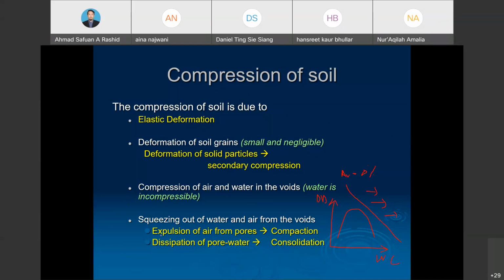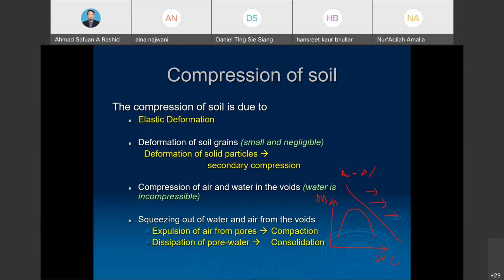Why? Because under compaction, the effort only allows the air to exit from the pores.